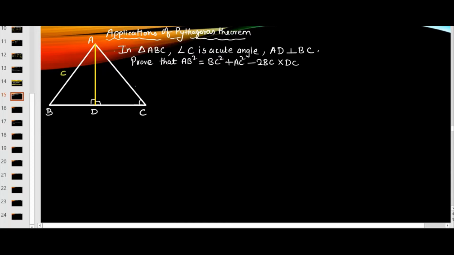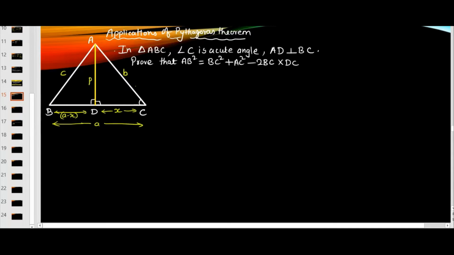This is C, this is B, this length is B, this length is C, this length is given as P, this length is given as X, and this whole length is given as A. If this whole is A and this BC is X, then we can easily write BD as A minus X. So this A minus X comes from here. The whole length is A, BC is X, then BD is obviously A minus X.